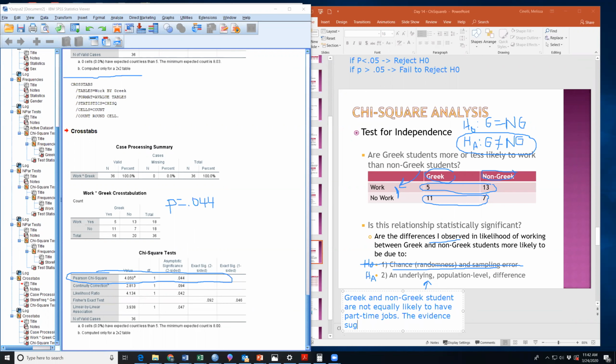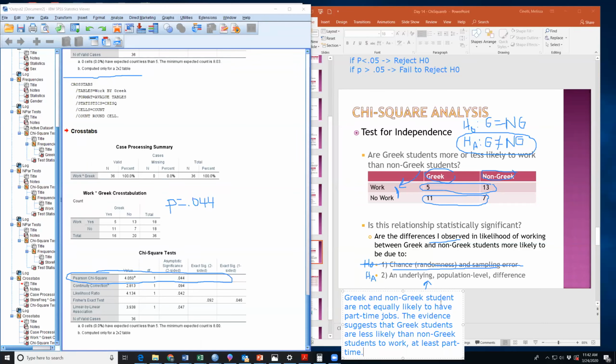The evidence suggests that Greek students are less likely than non-Greek students to work at least part-time.